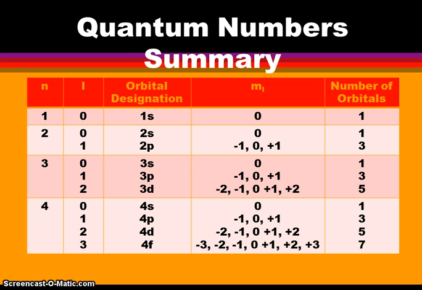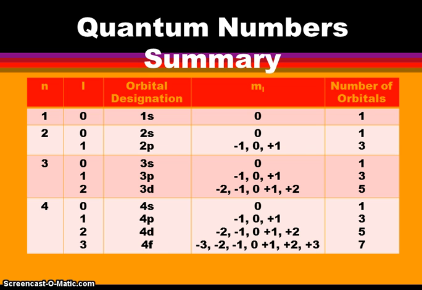So if we wanted to summarize our quantum numbers, the first thing we would designate is our principal quantum number. So we've got n equals 1, 2, 3, 4, and so on. From there, we've got our angular momentum quantum number: 0; 0, 1; 0, 1, 2; 0, 1, 2, 3.